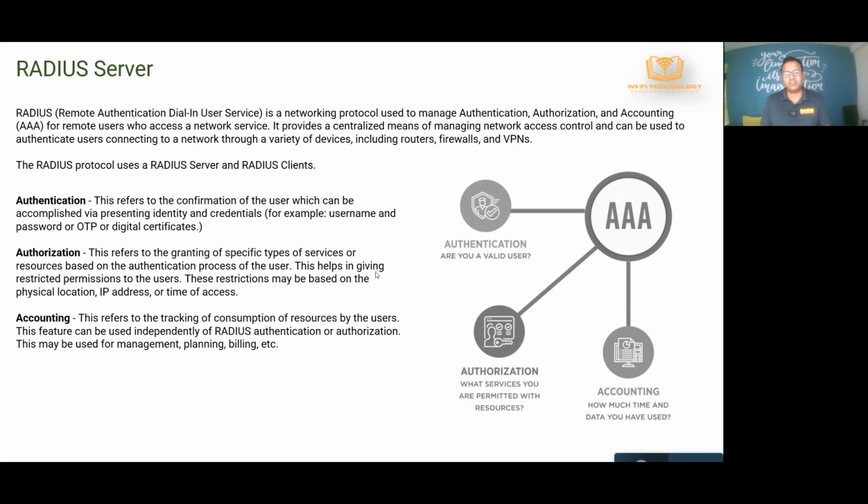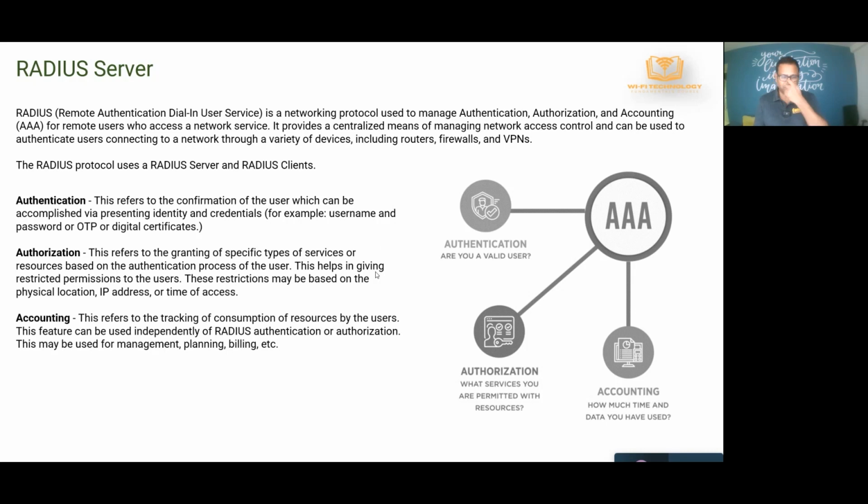And then the third one is the accounting function. It is not very commonly used in the enterprise space, but if you are monetizing things over Wi-Fi networks, then of course, if the customer is paying for Wi-Fi connectivity, then there is some form of accounting that we need to do, right? Billing, management, planning, those things also can be implemented by the Radius server.